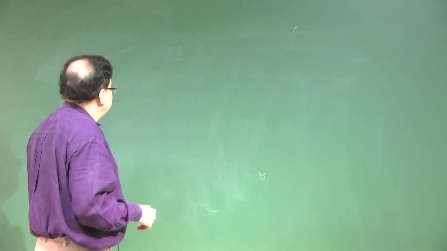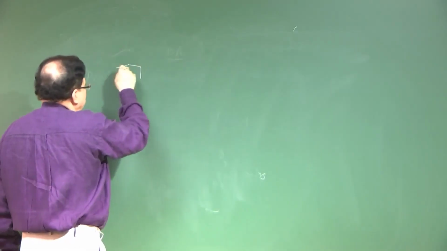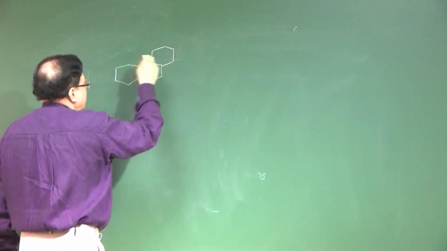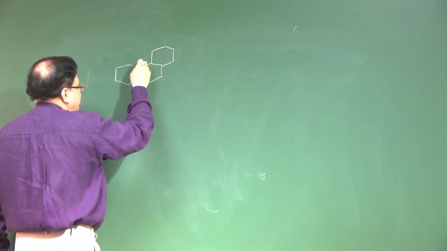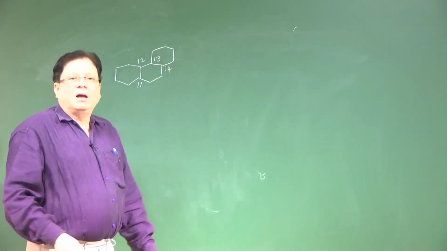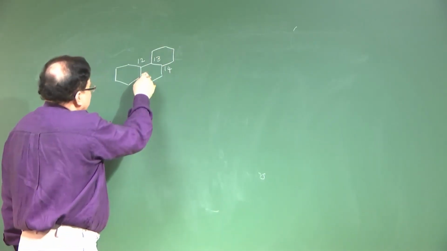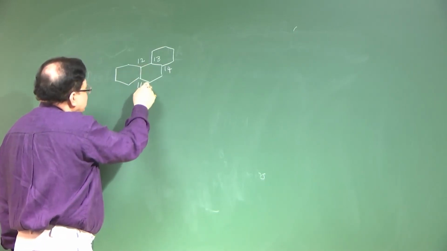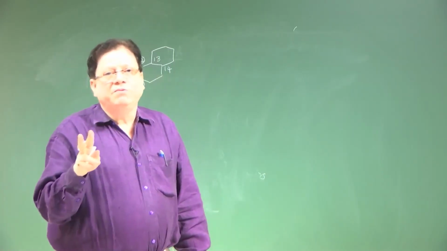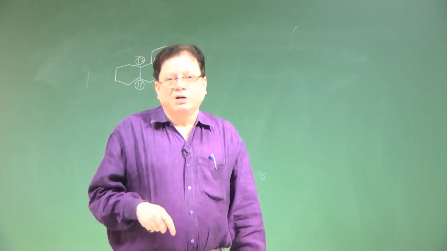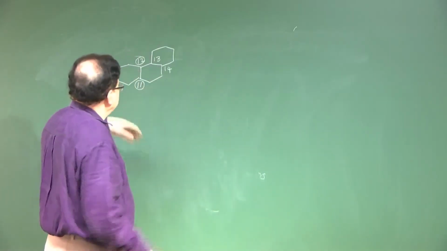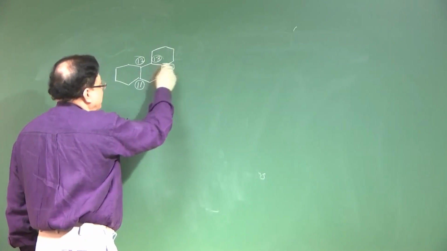So, we will start with perhydrophenanthrene and try to draw the various conformations based on the ring junction stereochemistry. There are basically 2 types of relative stereochemistry involved here. Again I write, this is 11, this is 12, this is 13 and this is 14, and there are steric relationships between C11 and C12. That means the ring junction, where the 2 rings are fused, is the 11, 12 position, and that is also 13 and 14.